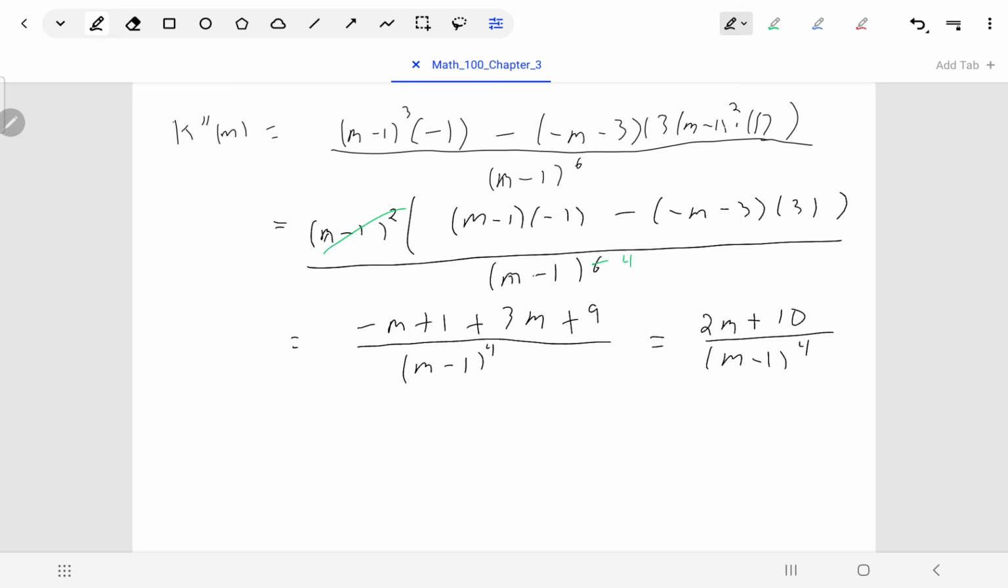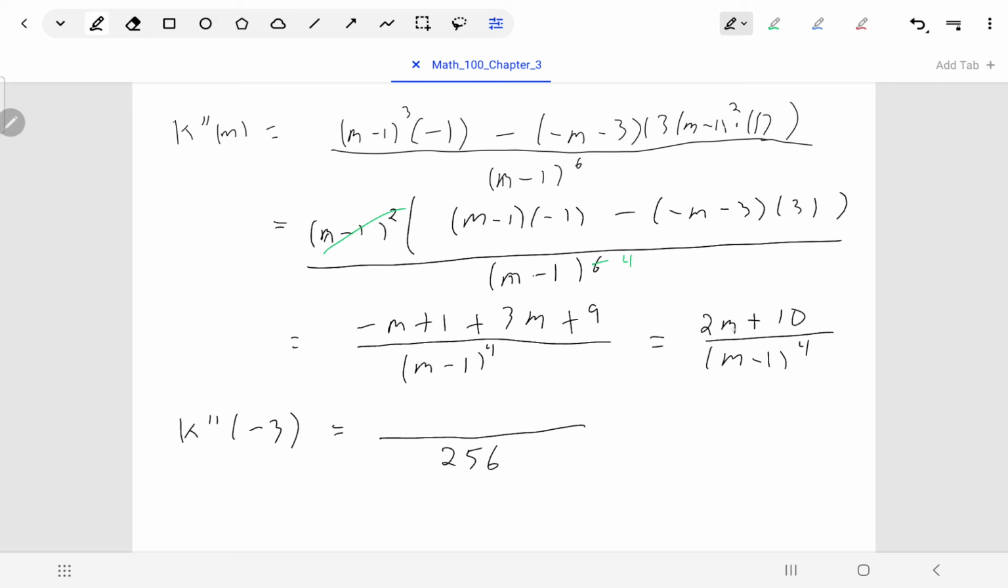Okay, so our function that we have here, the second derivative, definitely is defined at my point. So let's figure out what my second derivative is at negative 3. So when I put in negative 3 in the denominator, negative 3 minus 1, that's negative 4 to the power of 4, is 256.